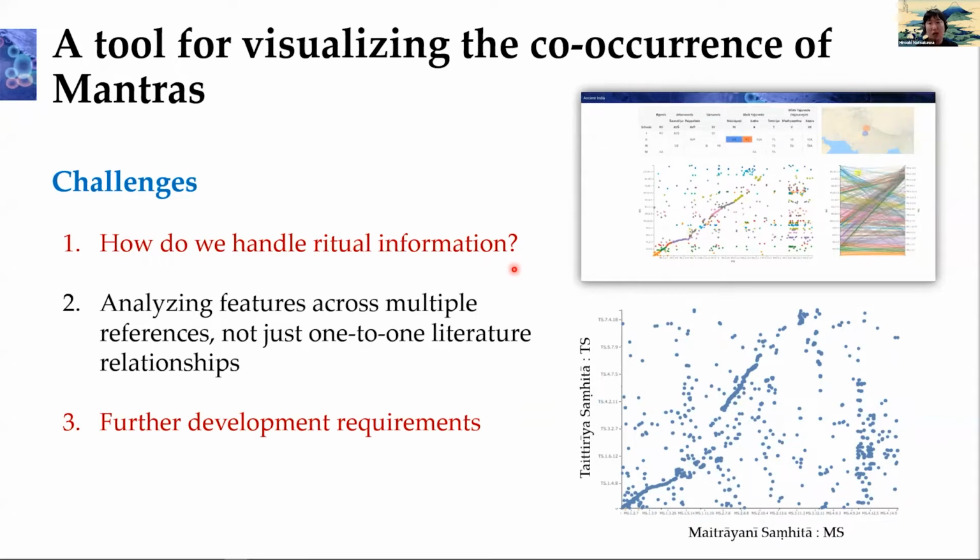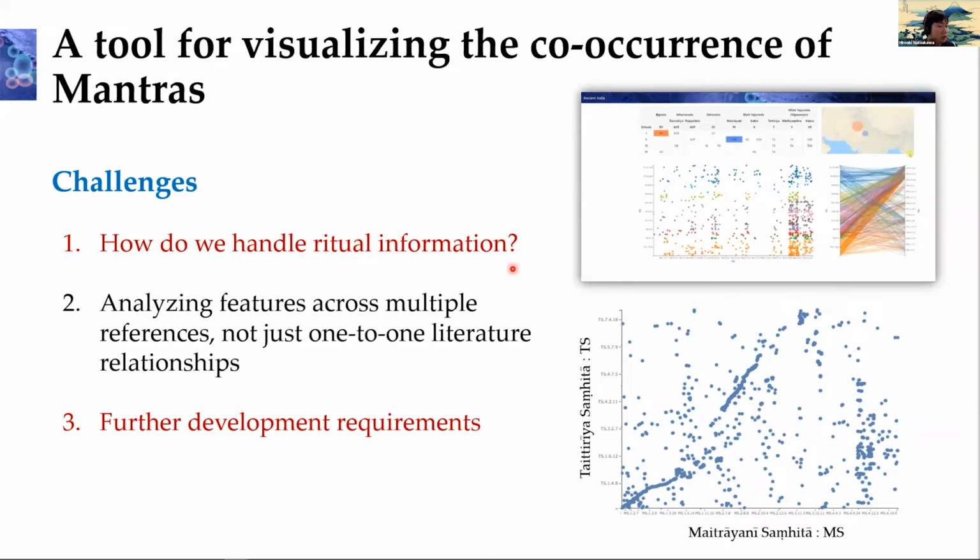Some mantras are related to a certain ritual event, so we need to consider both the co-occurrence structure and the ritual event information. The second challenge is that a two-dimensional scatter plot shows only the pairwise relationship, but some mantras are cited by more than two literatures. So not just a one-to-one relationship, we need to analyze features across multiple references.